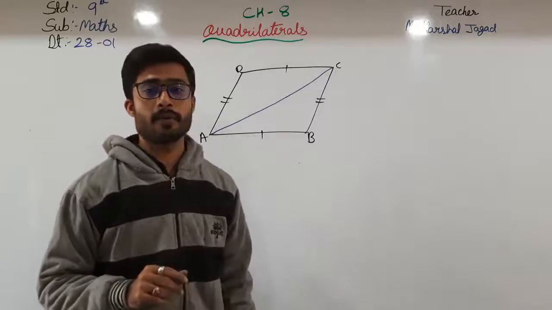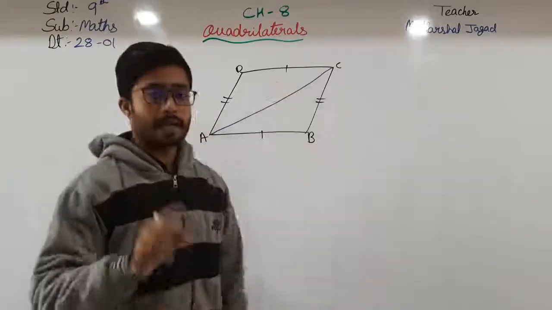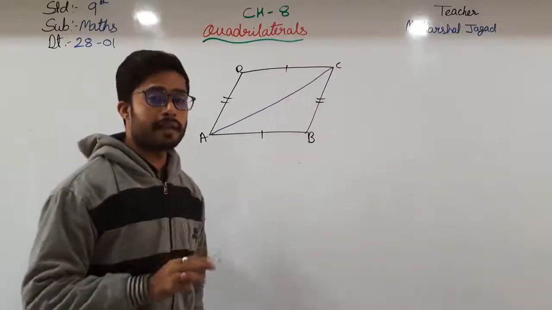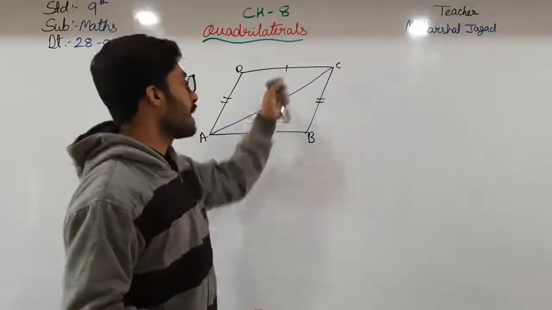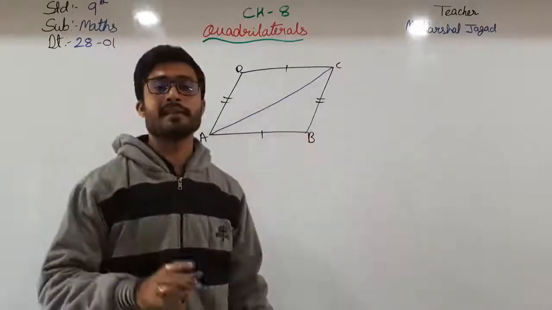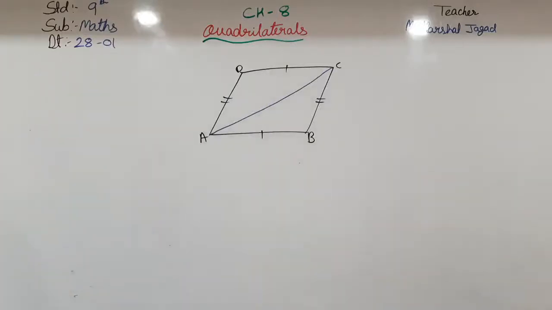In theorem 8.2, we saw that in a parallelogram the opposite sides are equal. In theorem 8.3 we saw that if in a quadrilateral the opposite sides are equal, then it is a parallelogram.